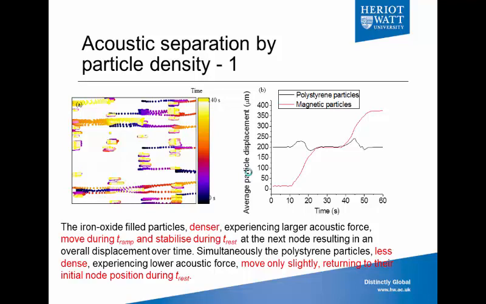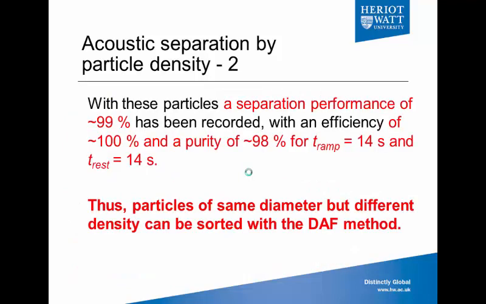So in red are the iron oxide particles, and in black are your polystyrene particles that stay at their initial position. Again, we were capable of achieving very good results in terms of particle density separation, with a separation performance of 99% and a purity of 100%.